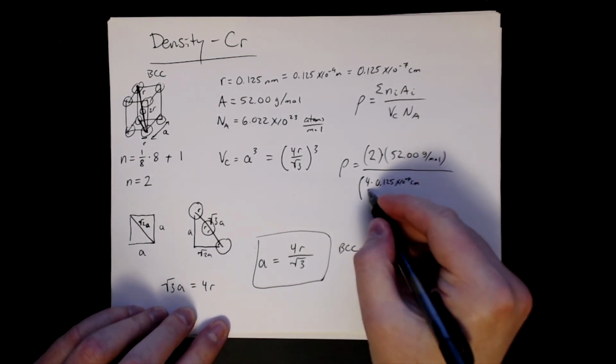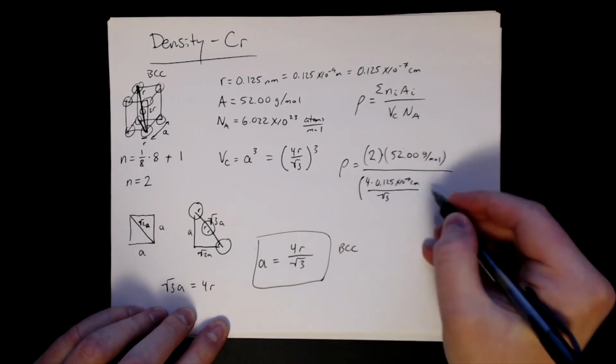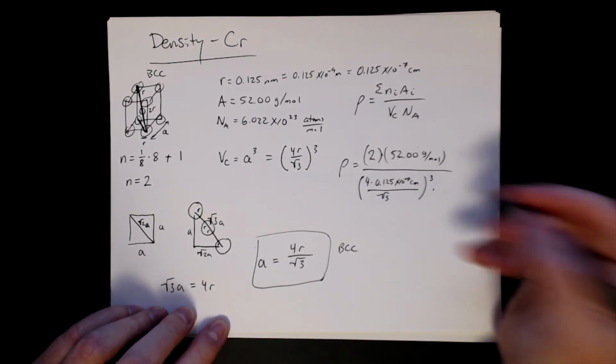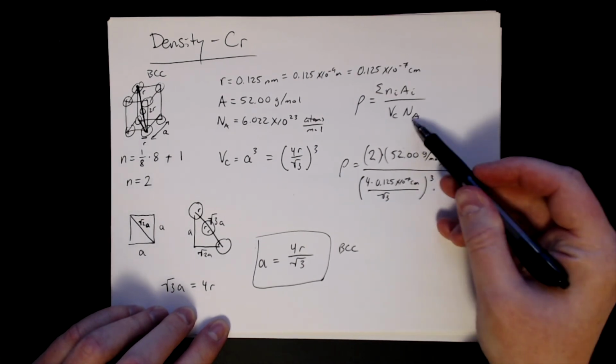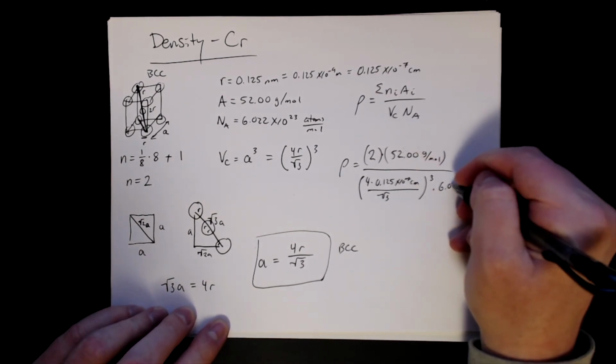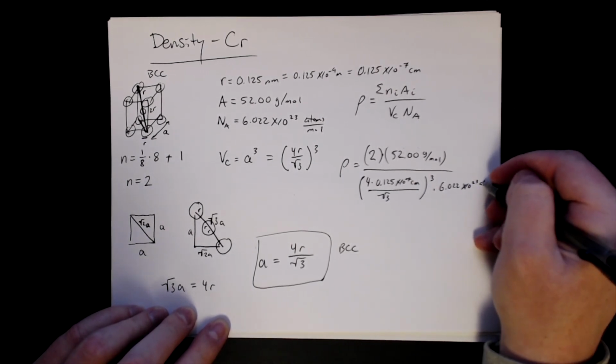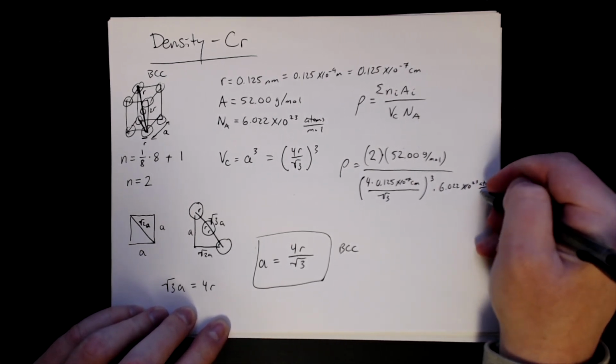in the volume expression down here. That's all over square root of 3. This is cubed, and then multiplied by Avogadro's number. So 6.022 times 10 to the 23rd atoms per mole.